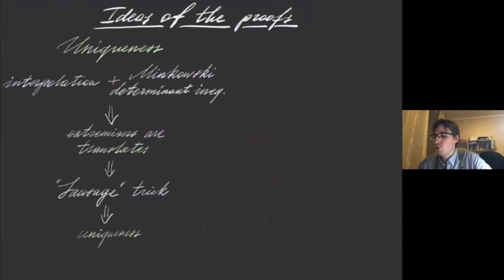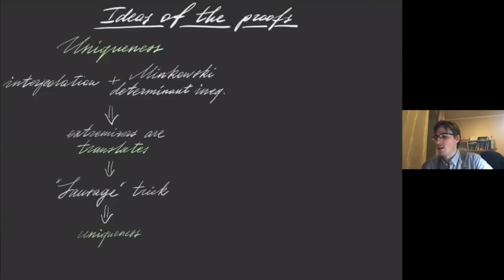When you are proving the uniqueness of the John ellipsoid, or Löwner ellipsoid, of convex bodies, or in our functional case, the uniqueness of a solution to our optimization problem, we can all follow the same track, which is the following. First, we interpolate between two ellipsoids or two ellipsoidal functions.